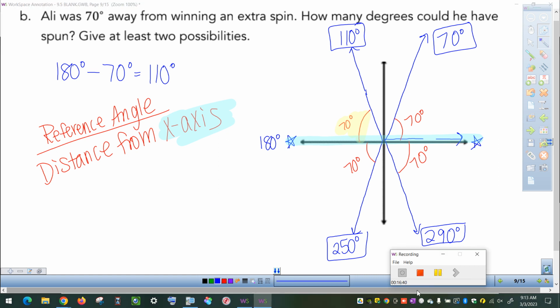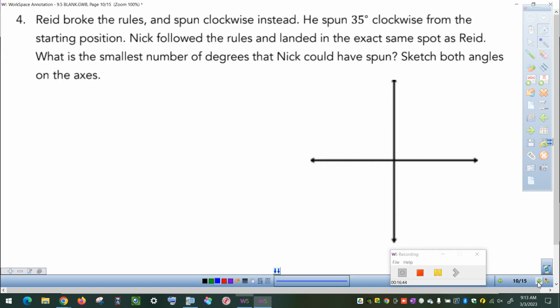We're going to take a look now at number 4. Now we have a student named Reed. Reed broke the rules, and he spun clockwise instead. He spun 35 degrees clockwise from the starting position. Let's see if we can draw and label Reed's spin.